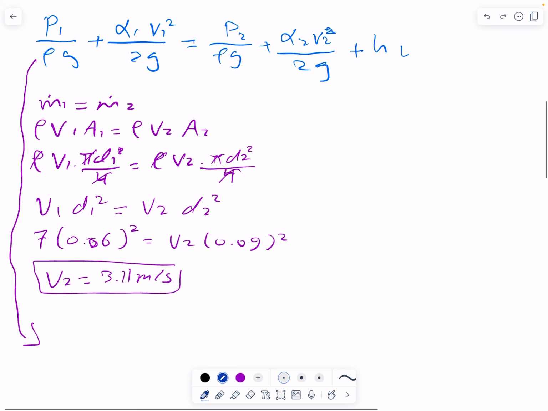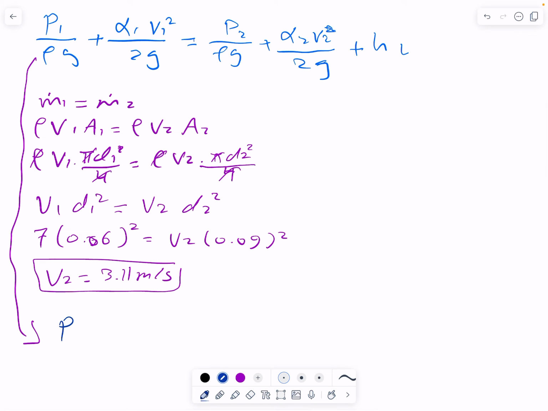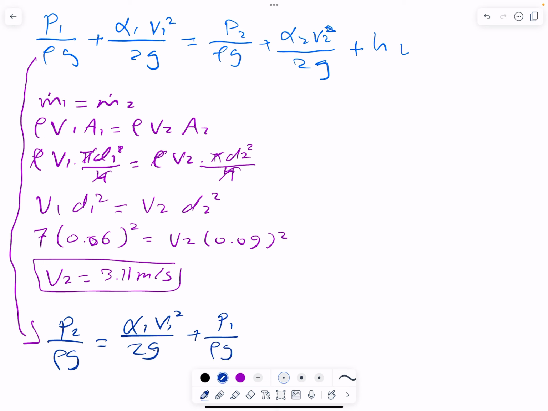Because I need P2, right? So P2 over rho g is equal to alpha 1 V1 squared divided by 2g plus P1 over rho g minus alpha 2 V2 squared divided by 2g plus the head loss.